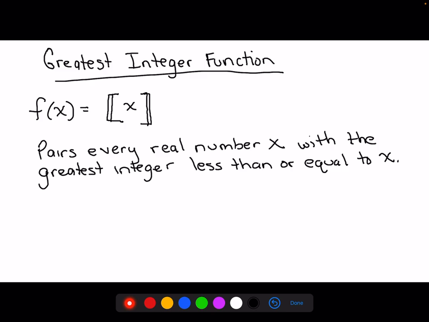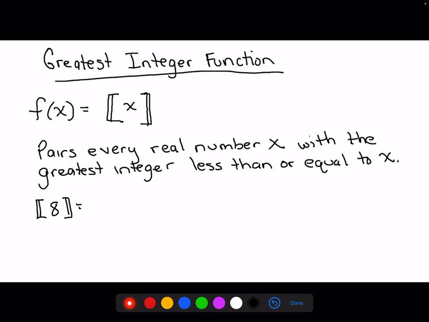So here's an example. Let's say you have that little symbol, and you see the number 8 in there. It'll pair it with the greatest integer less than or equal to it.